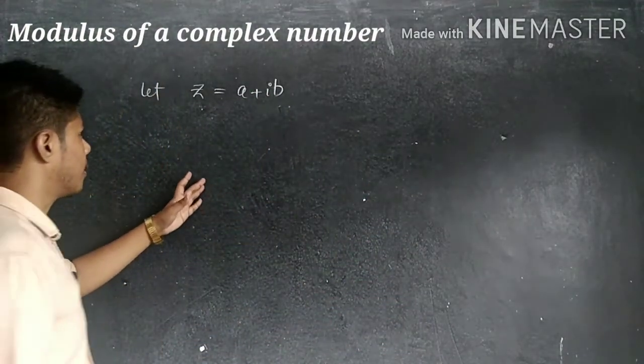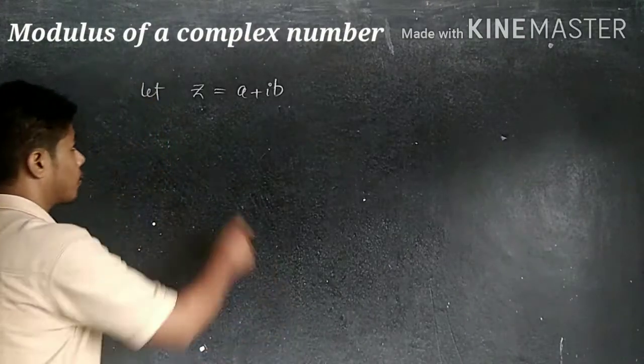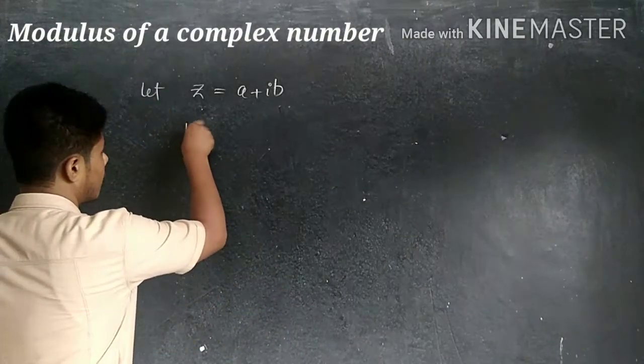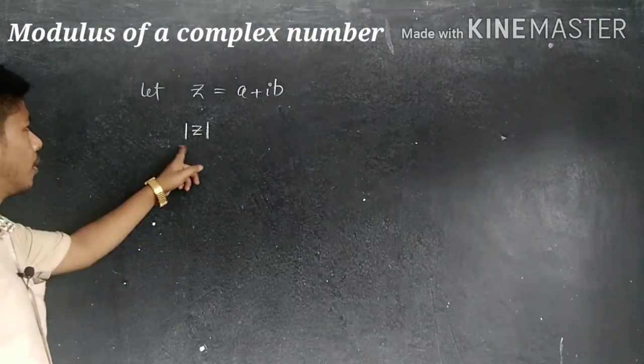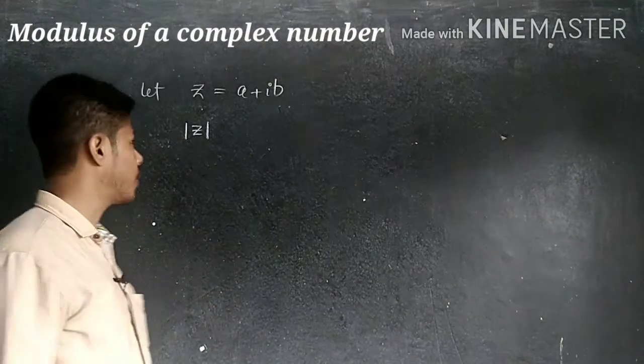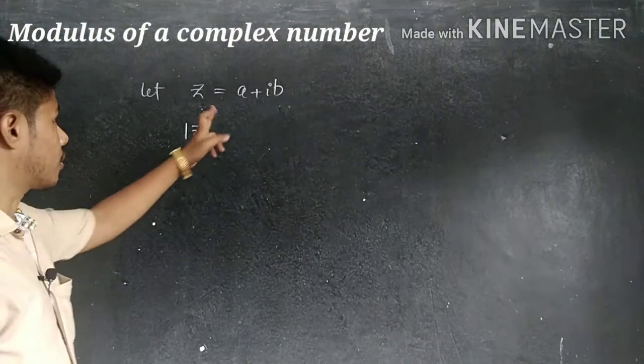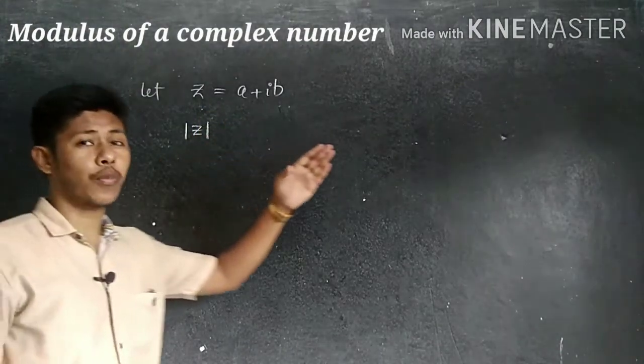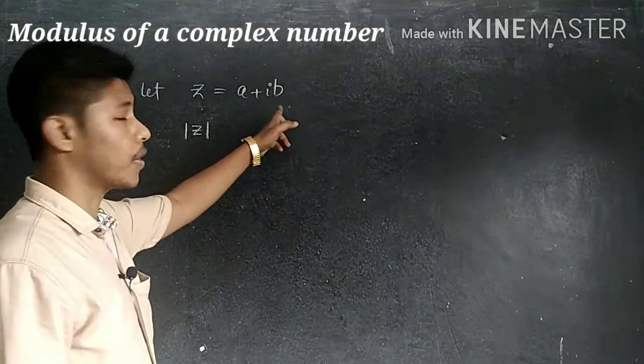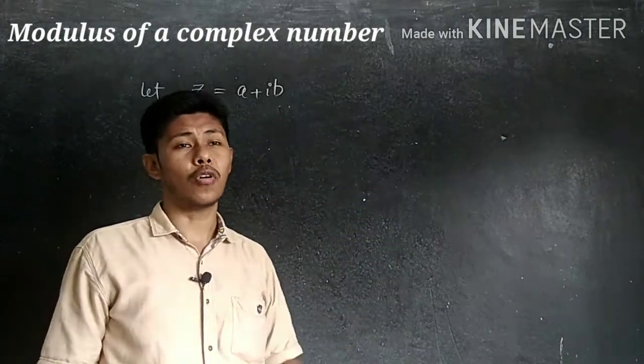Now the modulus of z is denoted by this symbol. How can we find this result? There is a definite property to find it. Later we will discuss this more elaborately.